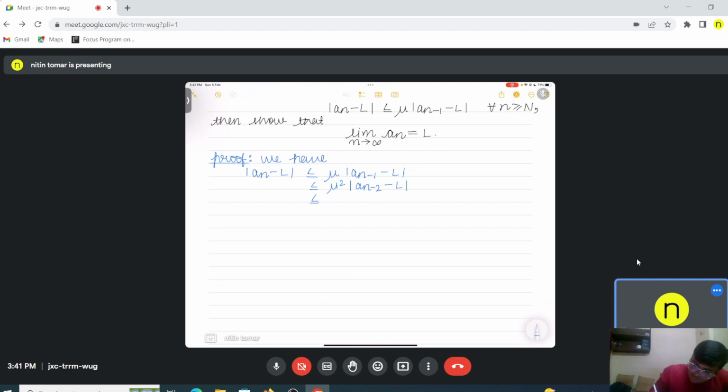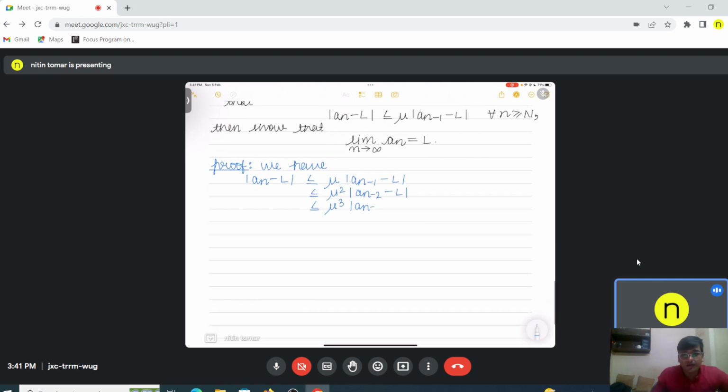And what about the next step? In the next step, what will you get? Now, if you apply this inequality on |a_{n-2} - L|, we'll have |a_{n-3} - L| times mu, and because mu squared is already there, it will become mu cubed.